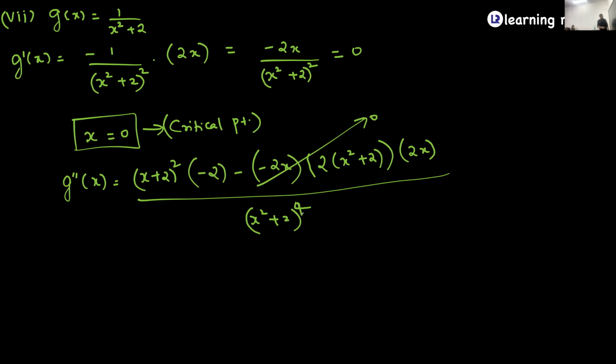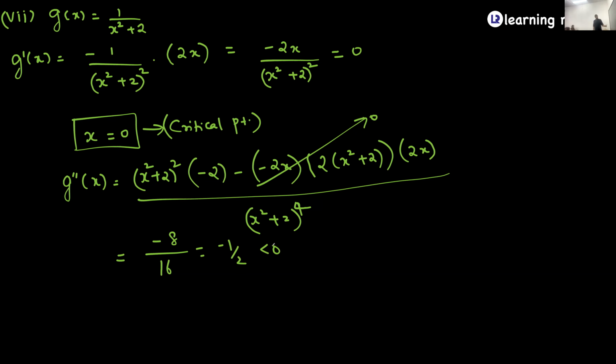So what is it that you will be left with? Here you put 0. And here also you have x square plus 2 the whole square. If you put a 0, it will become 4. 4 into minus 2 is minus 8 divided by 2 power 4, which is going to be minus half, and it is less than 0.